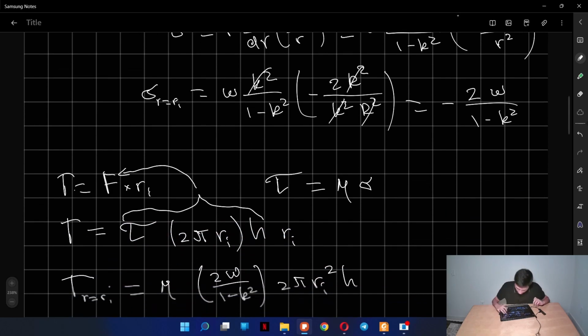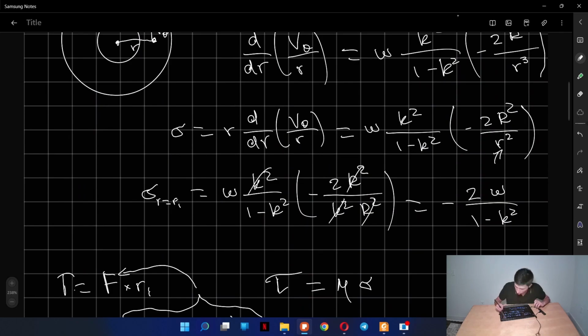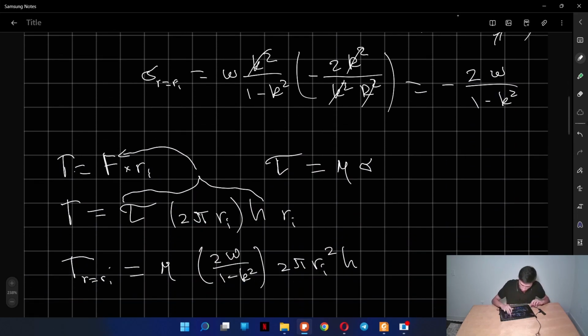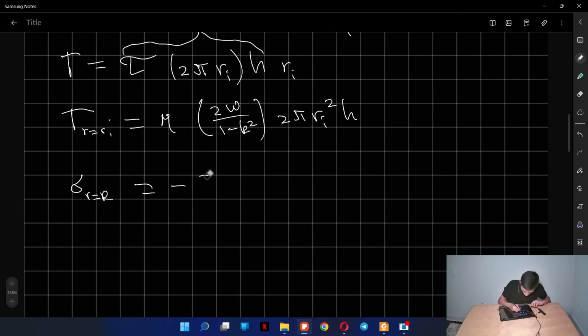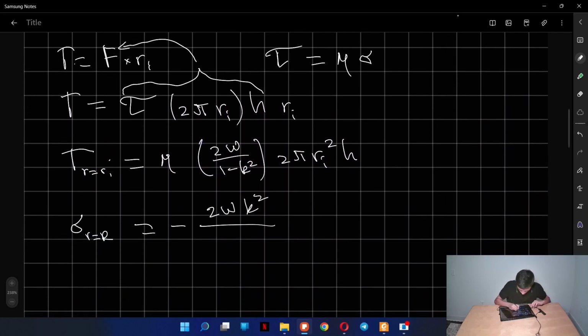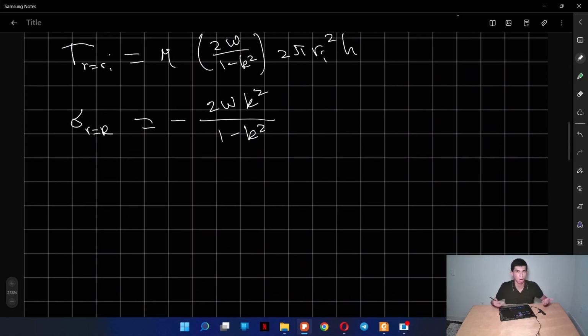What we're left with is negative 2 omega k squared over 1 minus k squared. Again, we are not concerned about the direction, so we can just ignore the negative sign because it represents the direction of our motion.